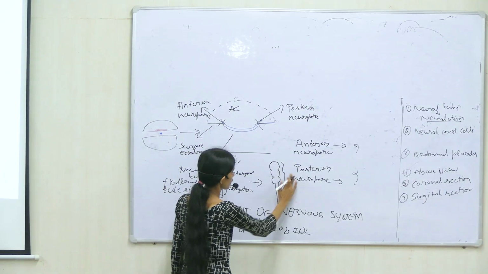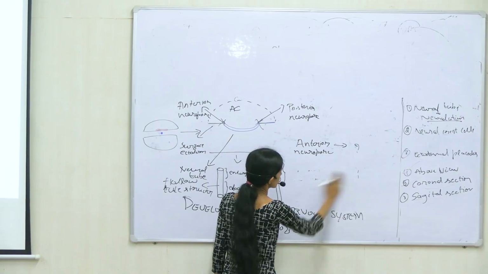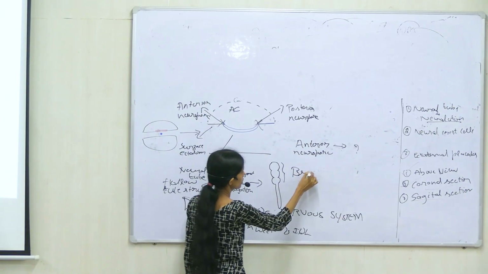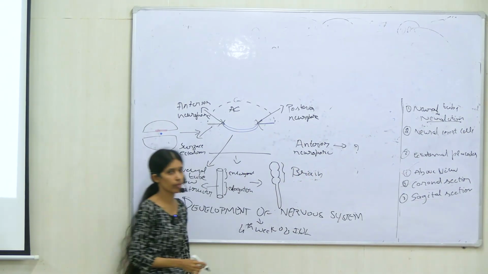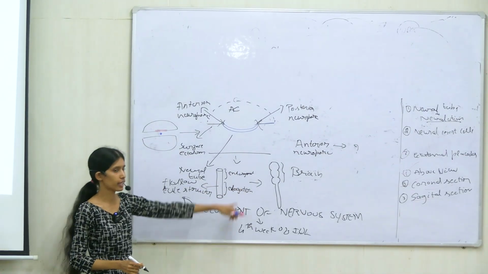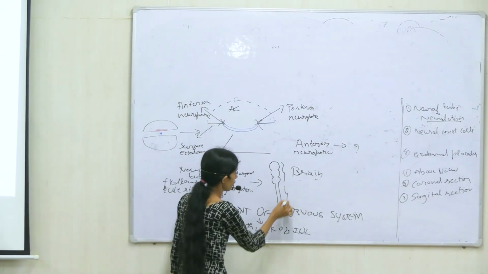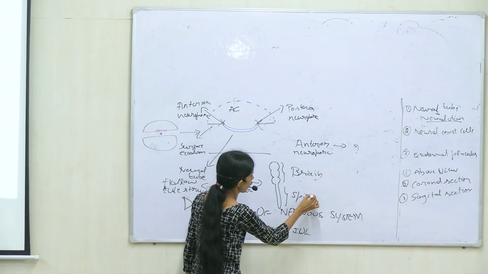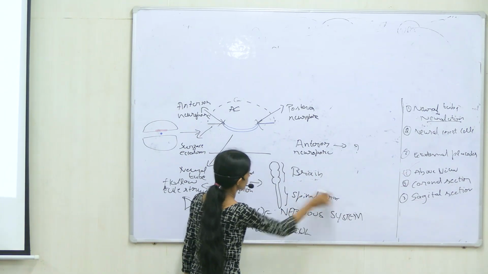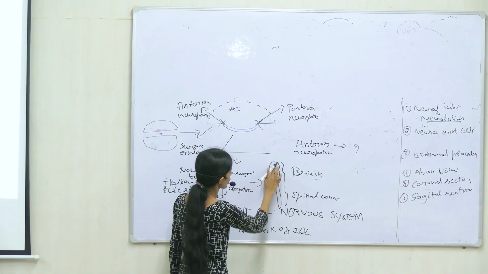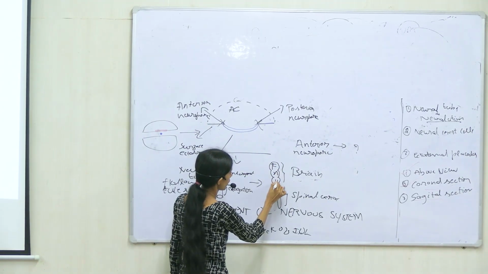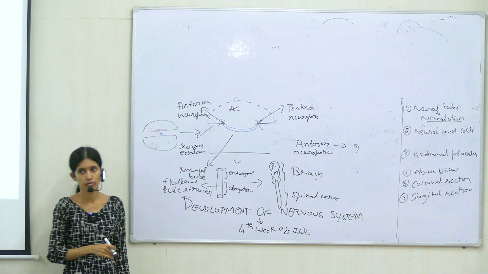So this is nothing but the brain part. These are the vesicles of your brain, and the elongated part is going to develop as the spinal cord. These are your forebrain, midbrain and hindbrain vesicles.